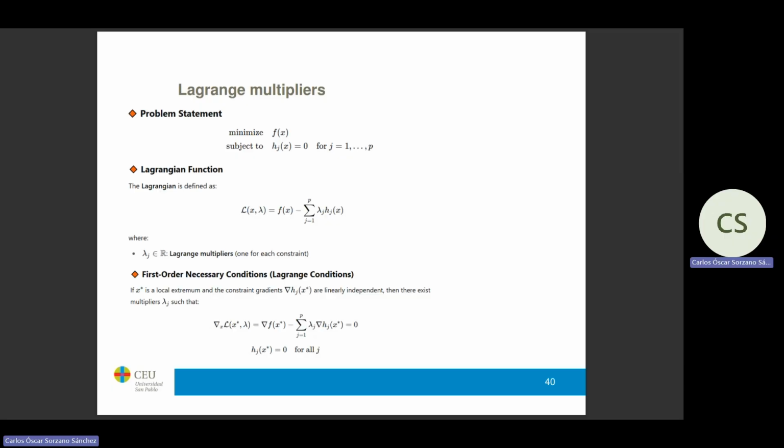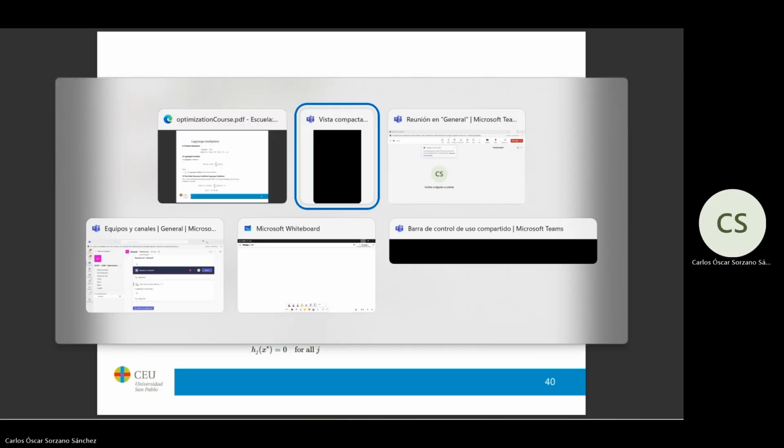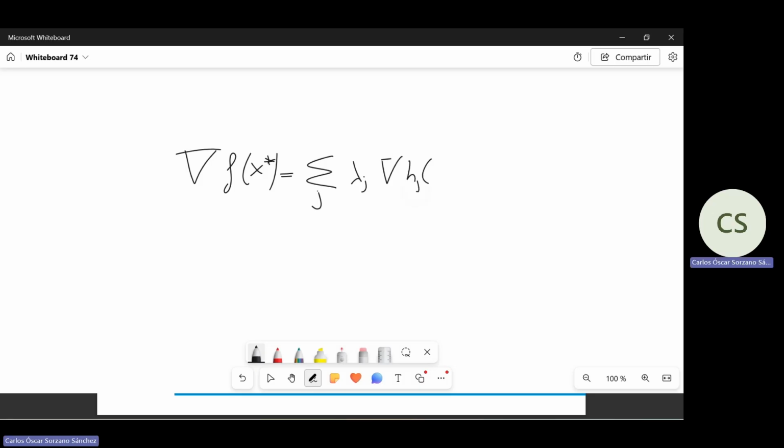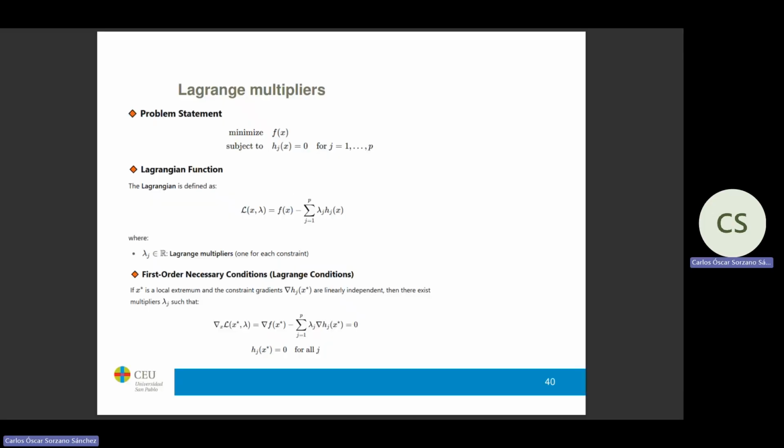So what we are saying is that the gradient of f evaluated at the given point, at the minimum, is equal to the sum over all j of lambda j times the gradient of h j. This is the equation that we have right here. So this is the same here. Okay, good.